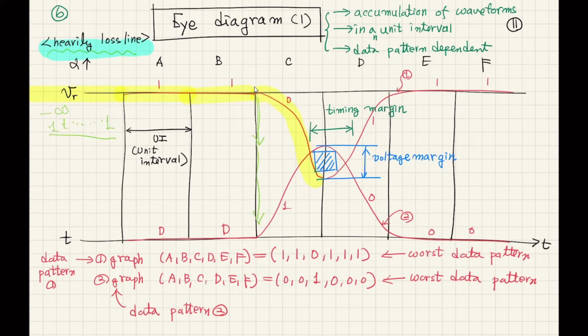Ideally, it has to go back to 0. But because of the attenuation nature, it cannot reach a full 0 voltage level. It has to come back to a certain level. It will be proportional to the attenuation constant and length L. Ideally, the voltage level at the receiver would go to the 0 level if the attenuation constant were 0.